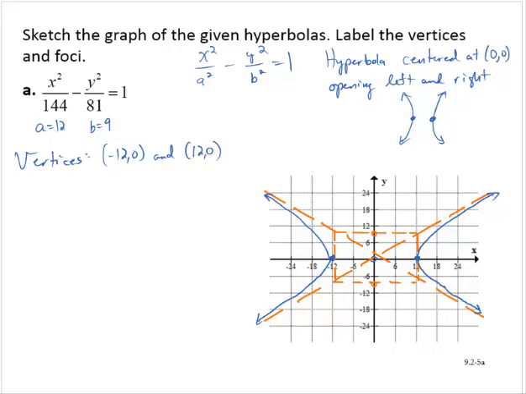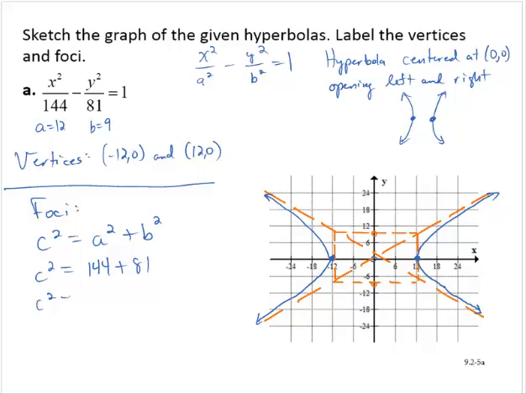We were also asked to find the foci. When we're working with a hyperbola, to find the foci, we will use the equation c squared equals a squared plus b squared. Be careful: with an ellipse you have a subtraction between a squared and b squared, but for a hyperbola it's an addition. So c squared would equal 144 plus 81, c squared equals 225, and that implies that c is equal to 15.